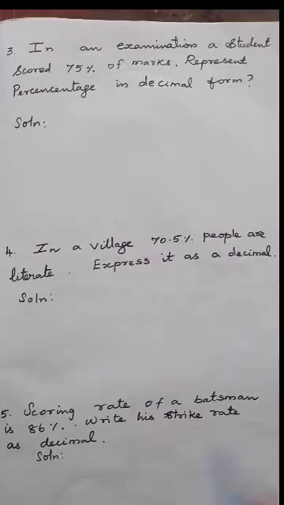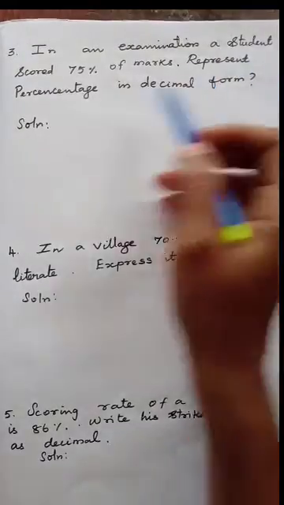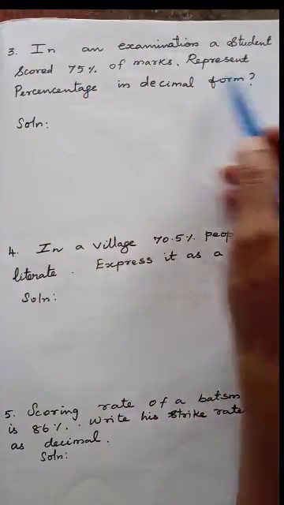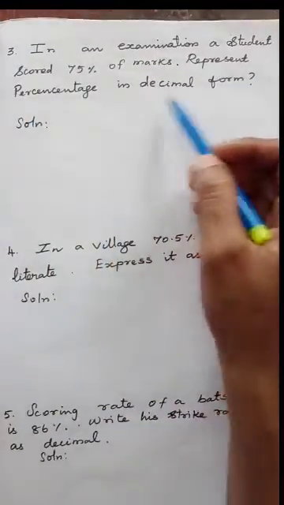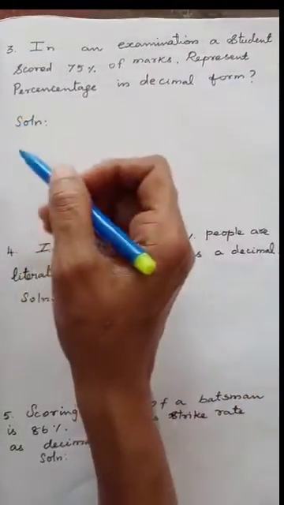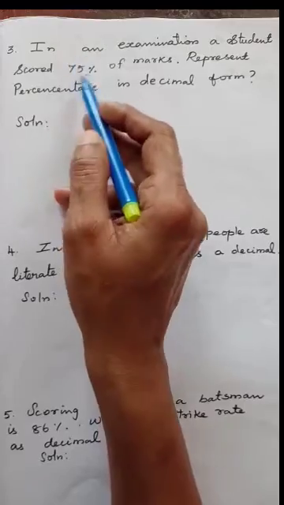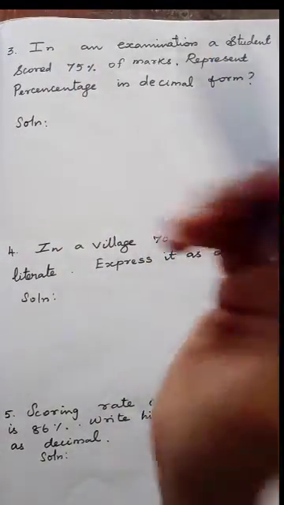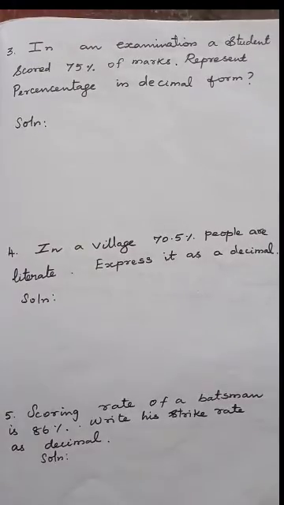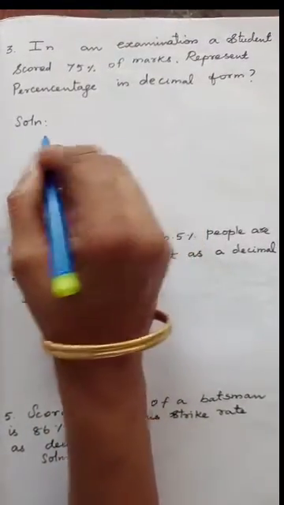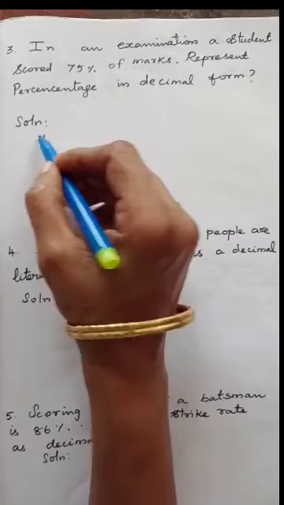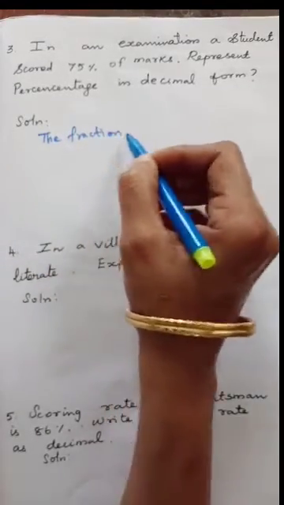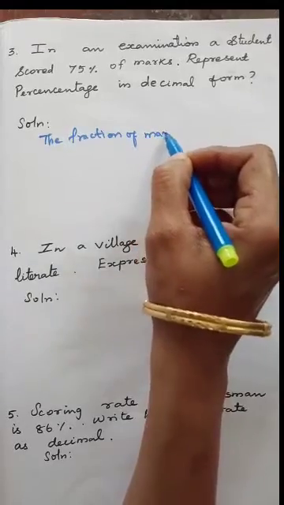In an examination, a student scored 75% of marks, isn't it? Represent this percentage in decimal form. First you have to change the percentage to fraction. After that you have to change that to decimal. First the fraction of mark.